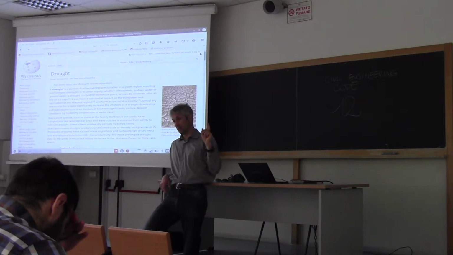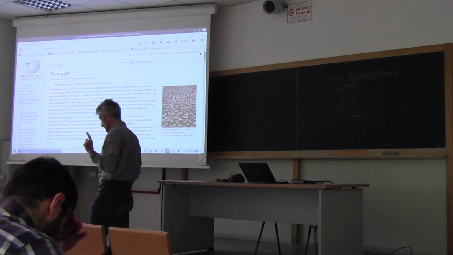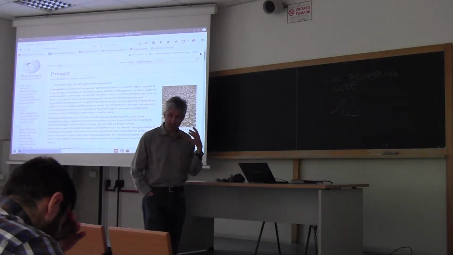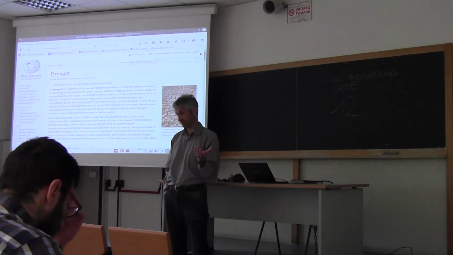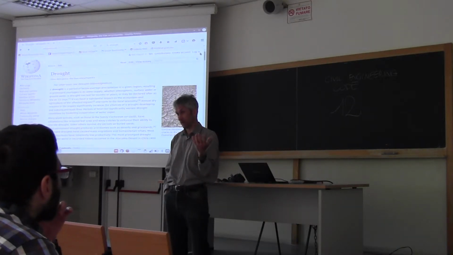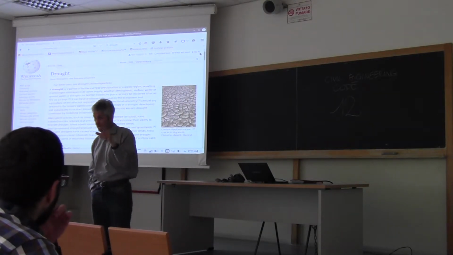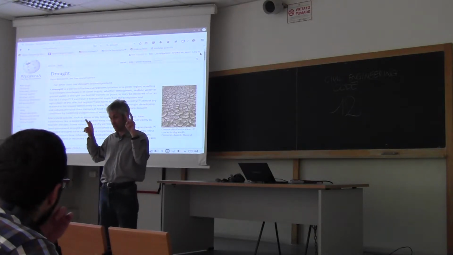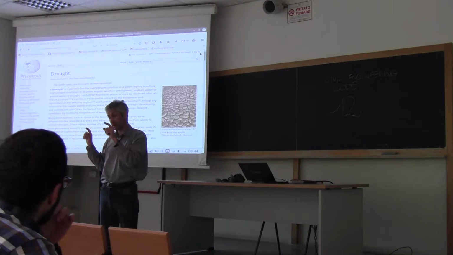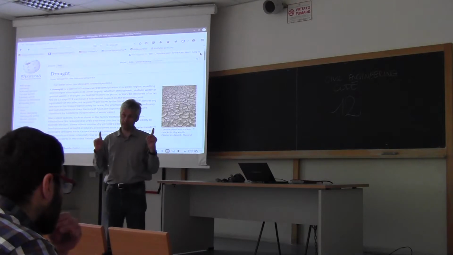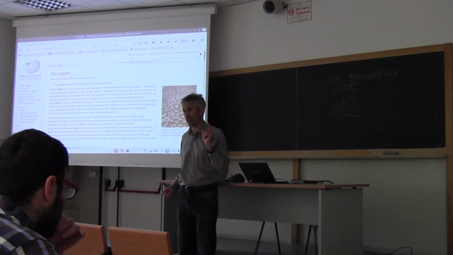If you consider drought as an extreme value, so if you associate to droughts a given random variable, which can be, for instance, the annual minimum of river flow or the annual minimum of rainfall, then you can study this random variable by using the theory of extremes in the same way as you did for floods.